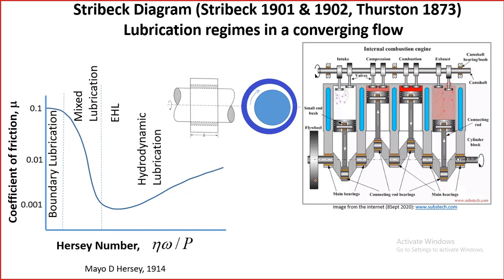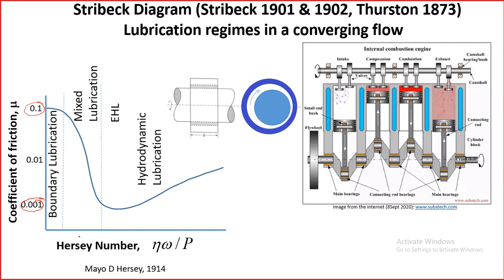Another important thing in lubrication study is known as the Stribeck diagram. Here the coefficient of friction, as you can see, varies from 0.001, which is the usual case for normal journal bearings in the hydrodynamic lubrication regime, to 0.1 or even higher.